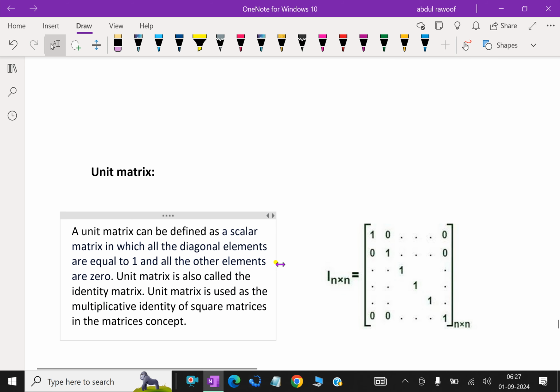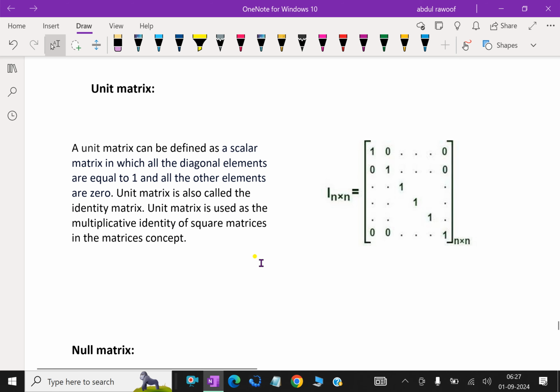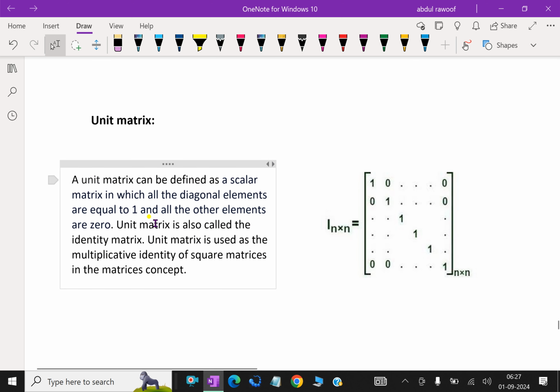Next one, unit matrix. A unit matrix can be defined as a scalar matrix in which all the diagonal elements are equal to 1. Look at here, this is I sub n, an n by n square matrix. The diagonal elements are all 1 and the other elements are zeros.